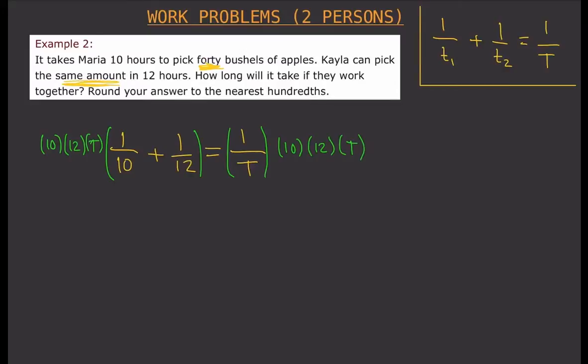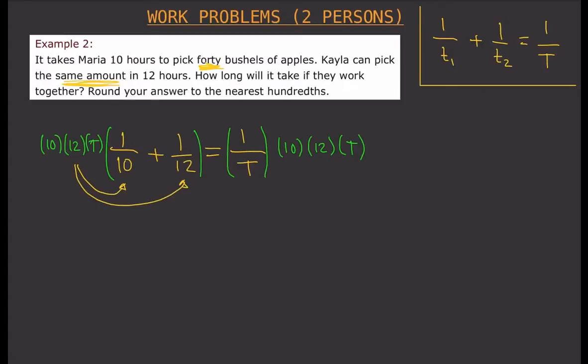Again, if you know how to use LCD to solve these kinds of problems, you can do that. That will only lessen the numbers that we're going to deal with, but the process is just the same. So we're going to distribute this factor over to our terms.